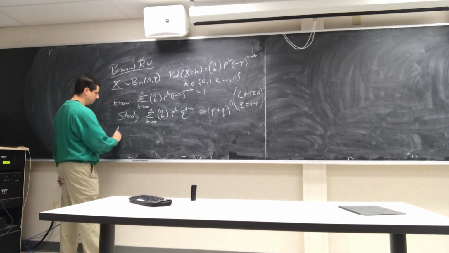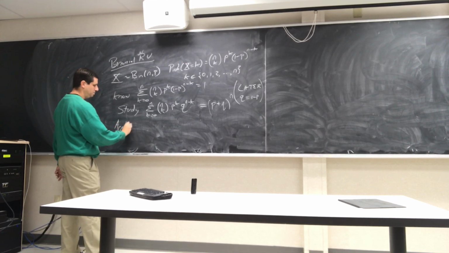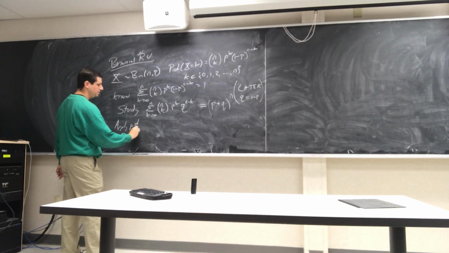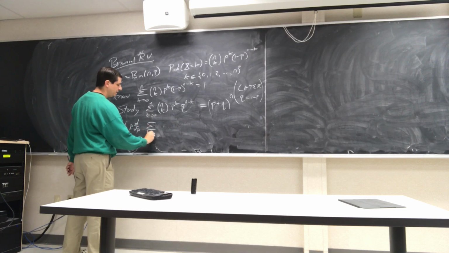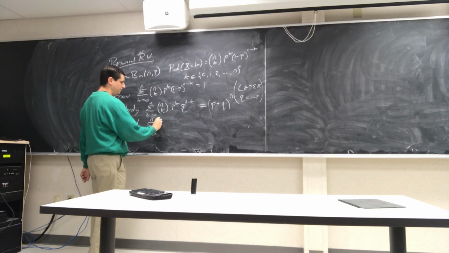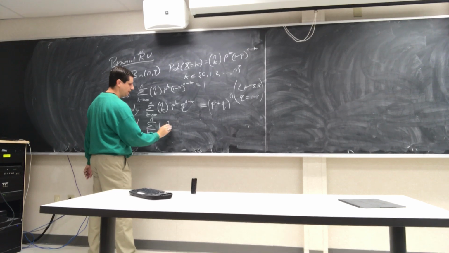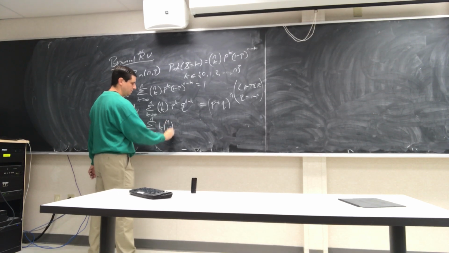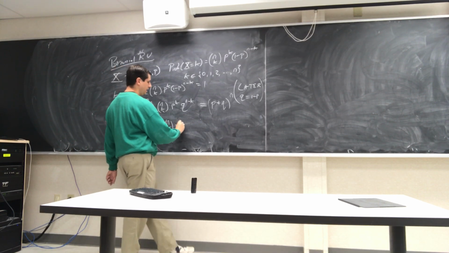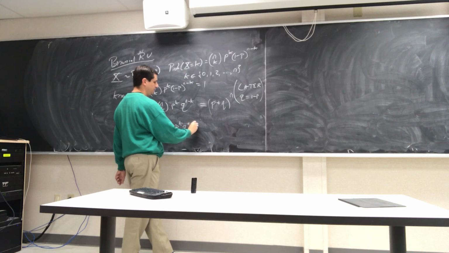So now if I apply p d by dp, I'll get the sum, k goes from 0 to n, of k times n choose k, p to the k, q to the n minus k.